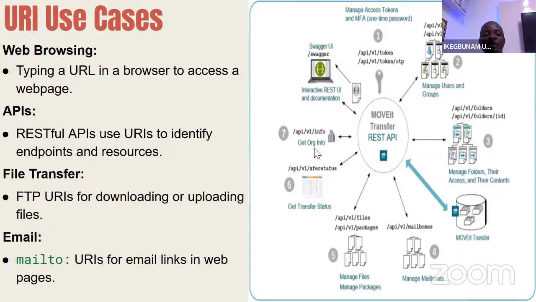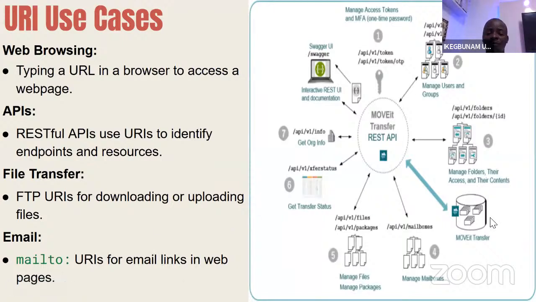Okay, we're talking about application programming interfaces. We have representative state transfer APIs, which use URLs to identify endpoints and resources. Okay, endpoints for post, for get, for user login, for emails or something like that. Then for file transfer, use FTP URLs for downloading or uploading files.